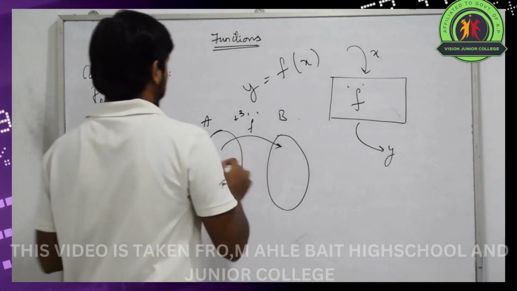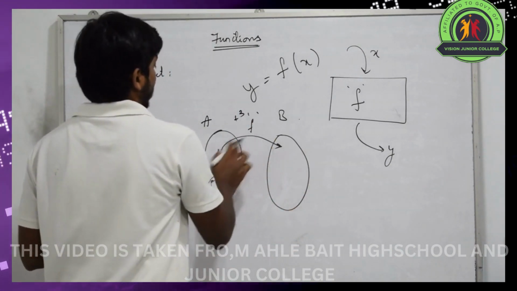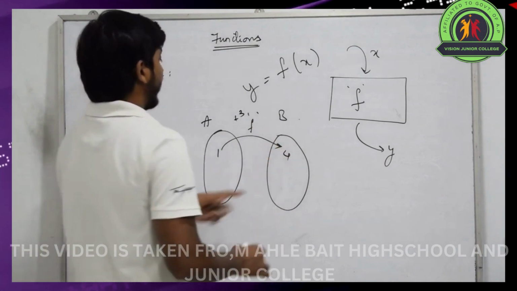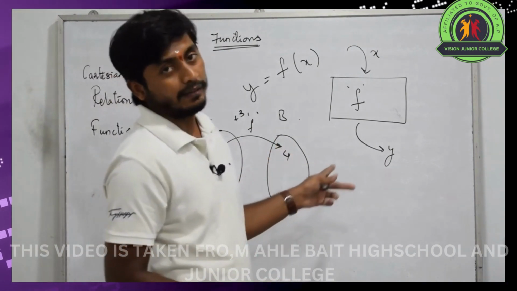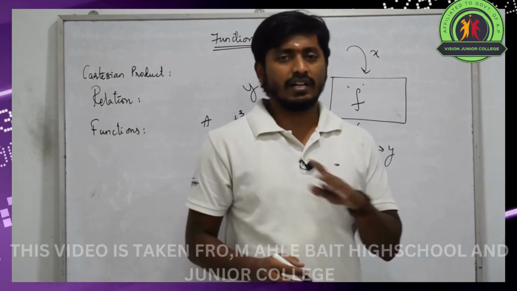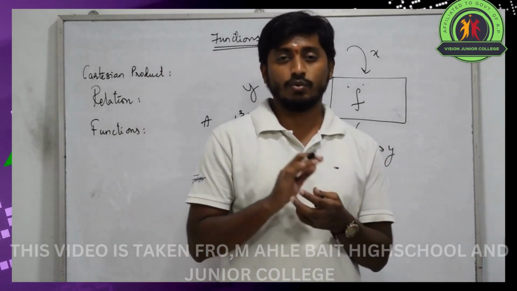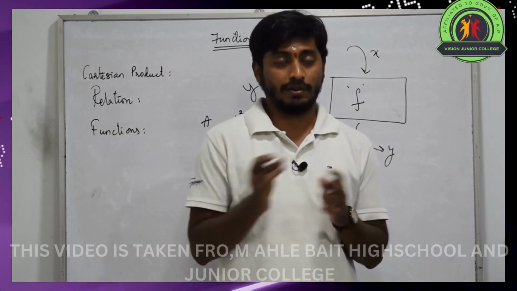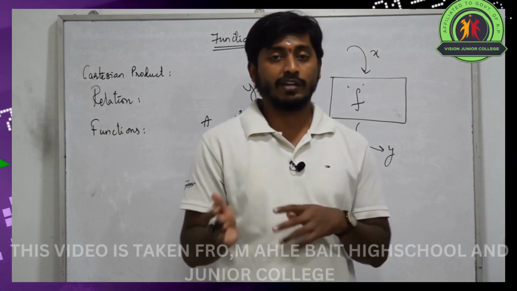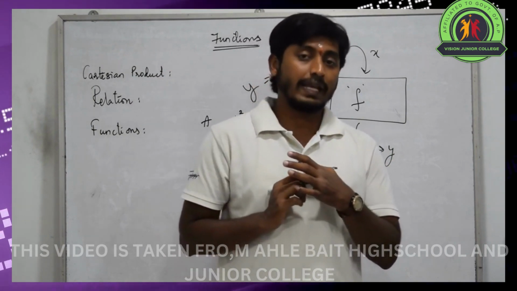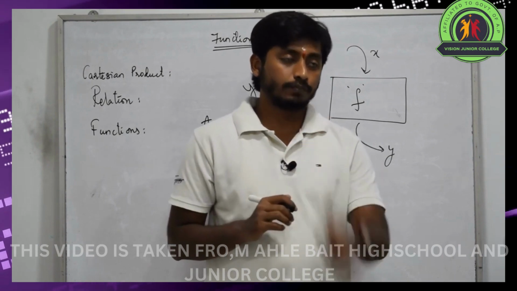For example, if there is an element 1, then if I add 3, I will get the element of this set. We learned those kinds of relations: one to one, one to many, many to one, or many to many.